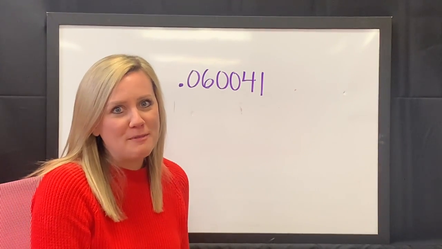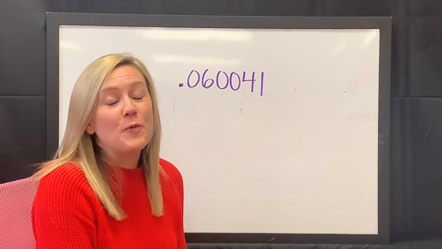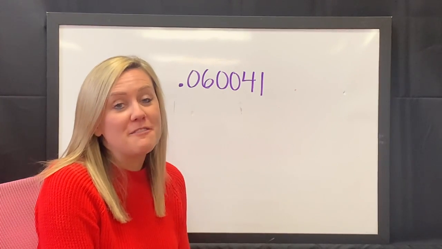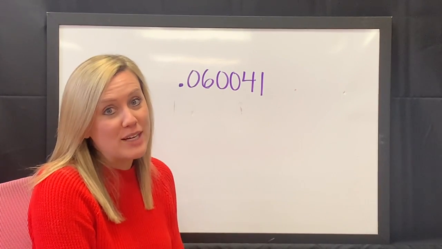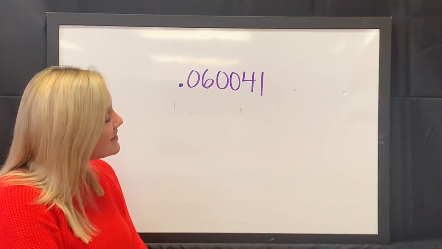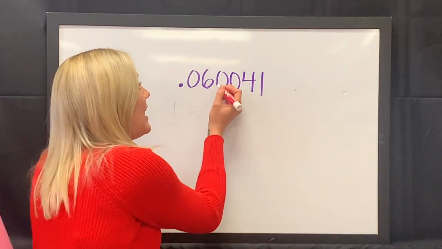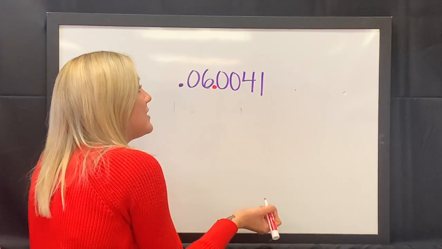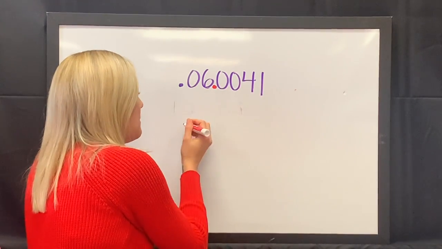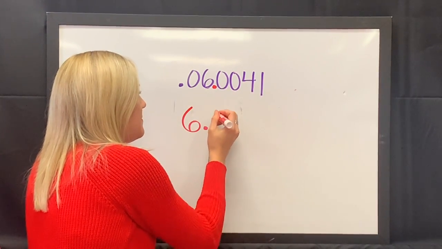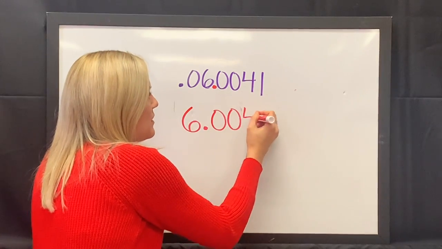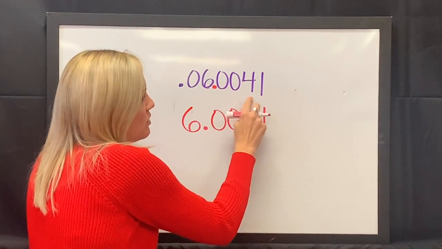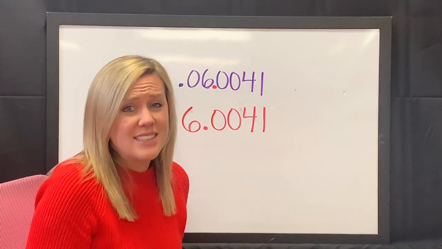Here is our last problem, and I want you to just think, where would you put the decimal to make the value of this number in between 1 and 10? If you guessed right after the 6, you are correct. So I'm going to rewrite this number with the decimal in that spot. And I can't forget about the 4 and the 1 out there. We do not drop those off because they're not zeros.